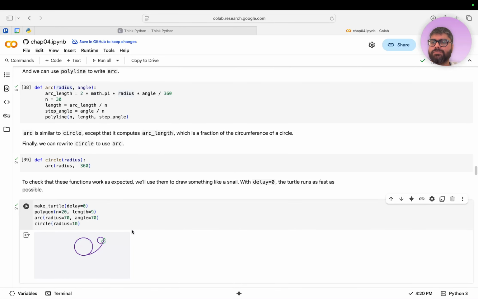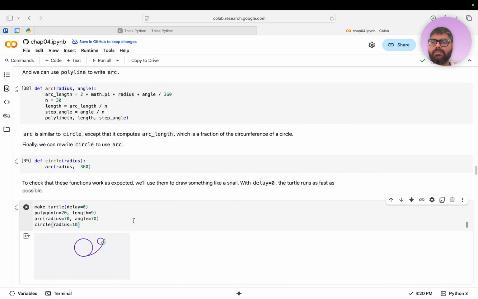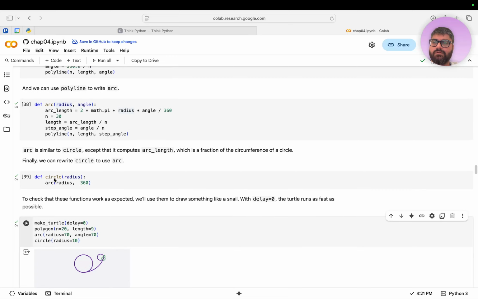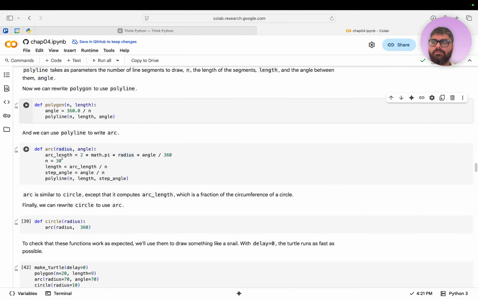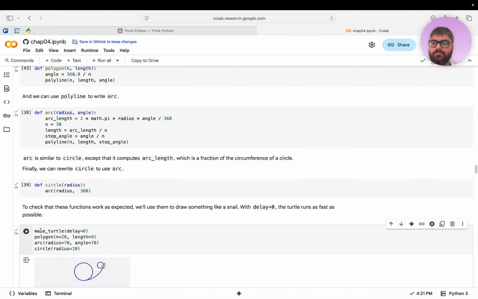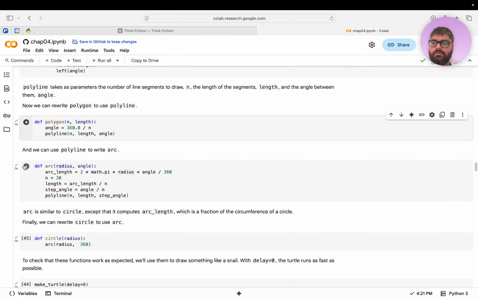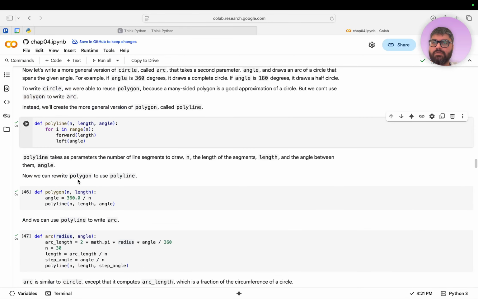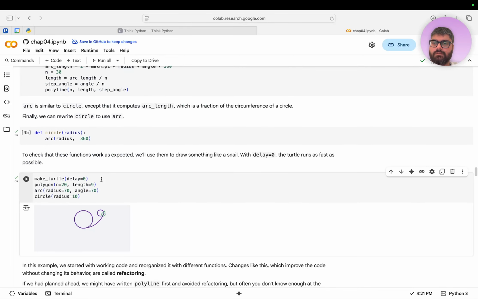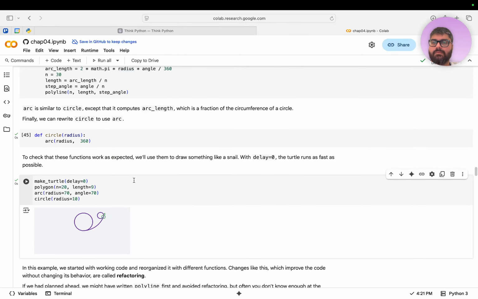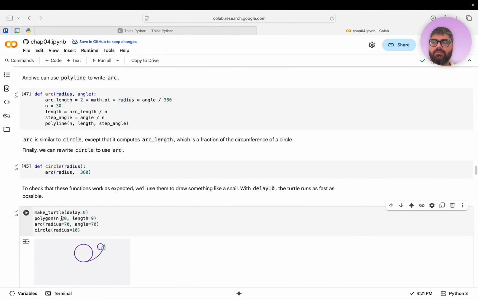A little confused here. Polygon n equals 20. Why is it calling polygon first? Did I rewrite polygon? Polygon, arc, polyline. Okay. Length 9, number of sides 20.